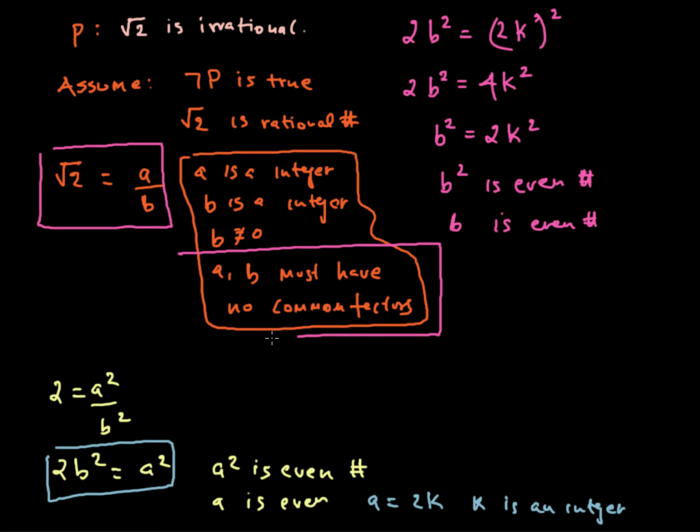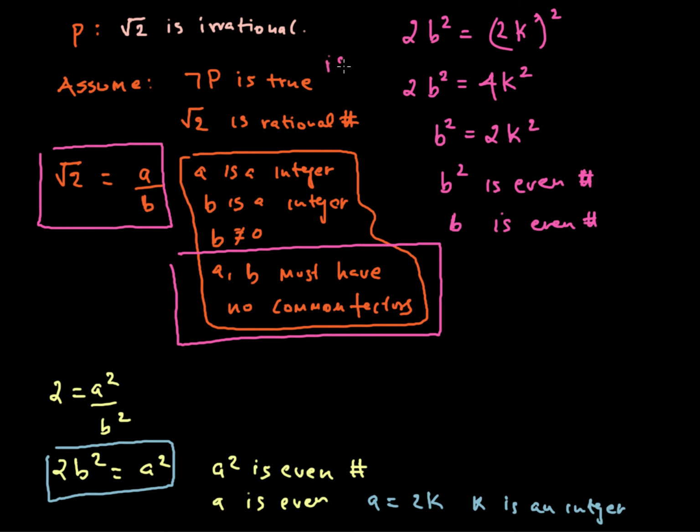The contradiction where I claim that a and b must have no common factors, but by assuming not P is true, I was able to conclude that there is a common factor between a and b, which happens to be the number 2. And because it happens to be number 2, then my claim here is that not P, which I originally started with as an assumption being true, must be false.